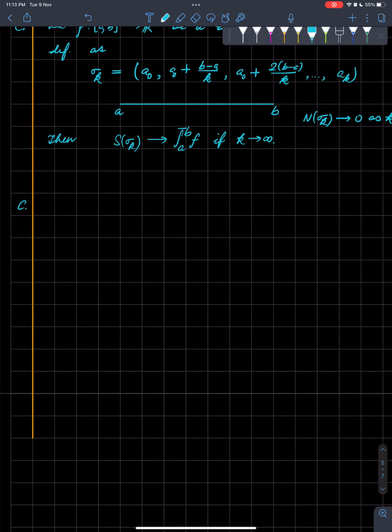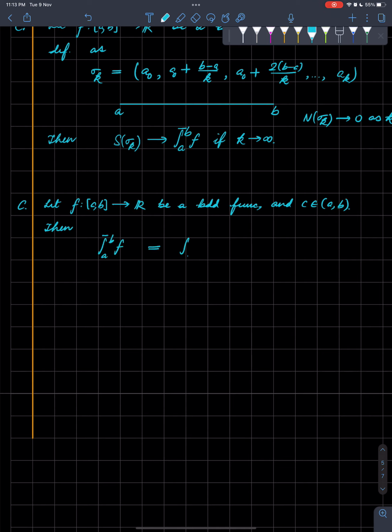So the corollary of Darboux's theorem is, let f, again a bounded function, and c be some point strictly between a and b, then this upper integral is, I'll write something which I will explain.